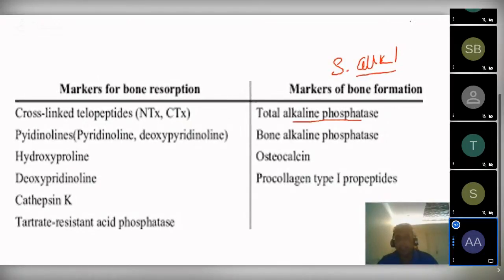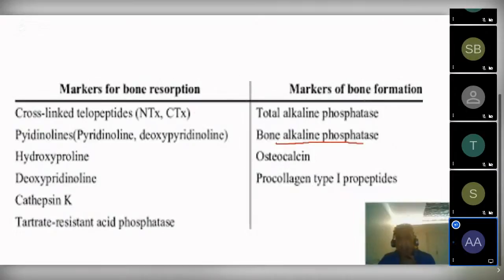If it is raised, it is an indicator of excessive bone formation, especially in fracture healing. But please remember, it can be a marker of a liver disorder also. So total alkaline phosphatase is not a good marker. What is a good marker for bone formation is bone specific alkaline phosphatase.